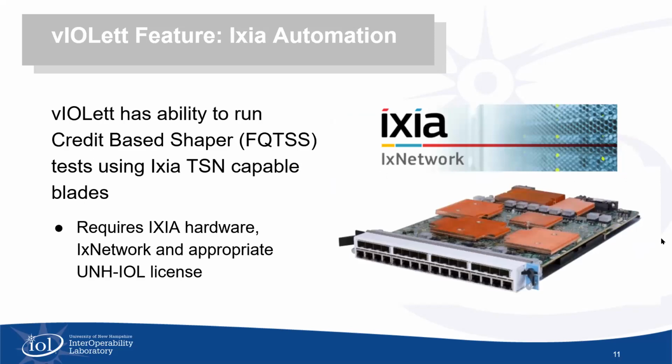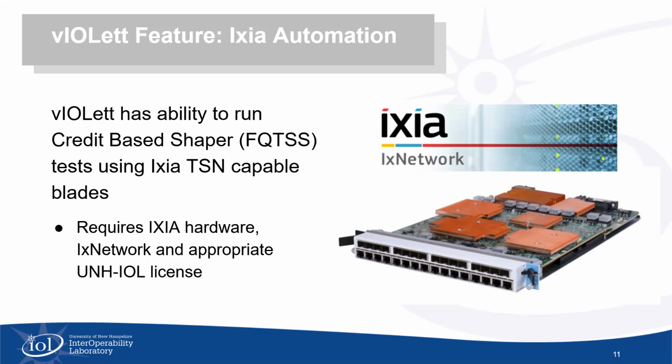And finally, vIOLett has the ability to interface with several different external tools, most notably the Ixia brand of traffic generators. If you have an AVB-capable Ixia card, vIOLett can be set up to automatically control it in order to run FQTSS tests, both for automotive and non-automotive purposes.